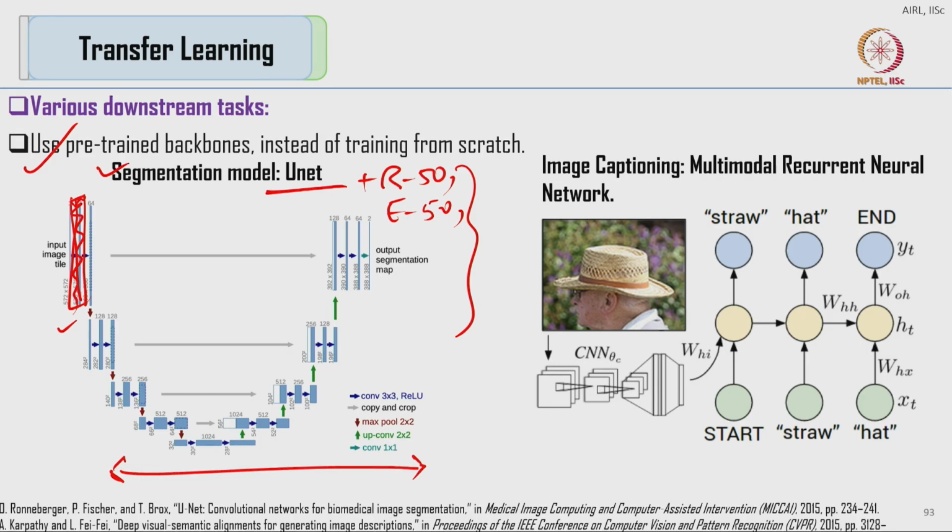The same example can also be observed in image captioning, where we have an image, we pass it through a CNN backbone and then it is passed to an RNN to do an image captioning task. However, the CNN backbone is also pre-trained on ImageNet and then trained on this particular dataset rather than a fresh initialization, right.